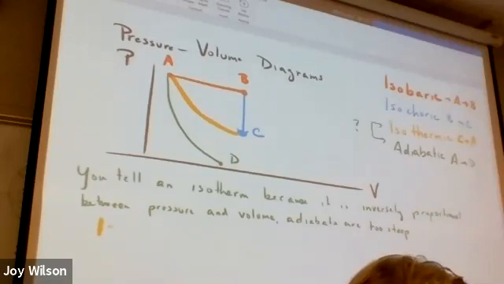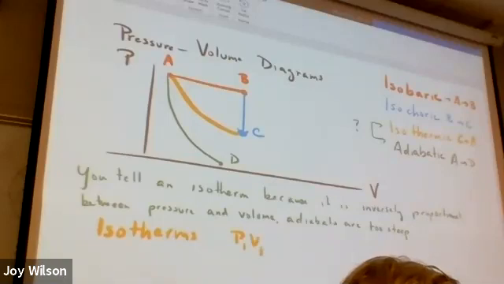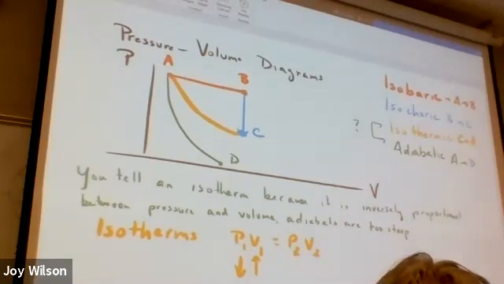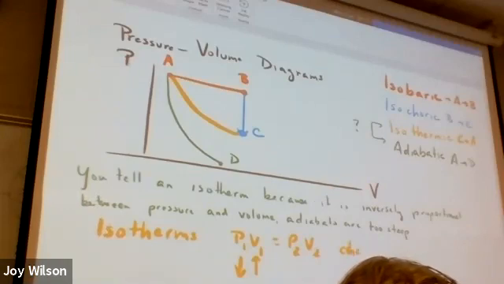So for isotherms, P1V1 equals P2V2. So if I make this one go down, the other one has to go up by the exact same amount. Okay? Change in pressure is 1 over the change in volume.